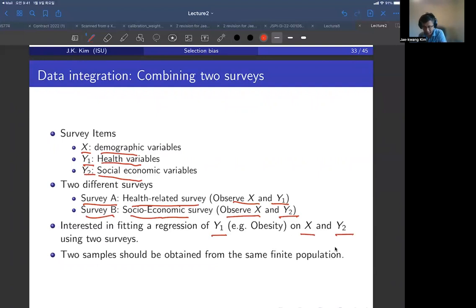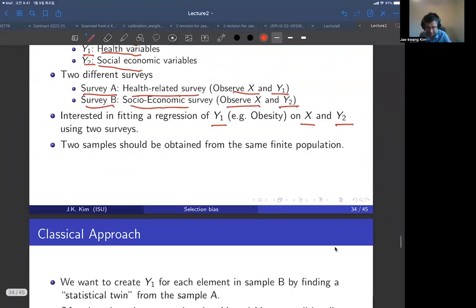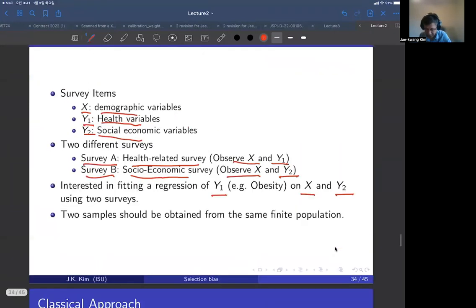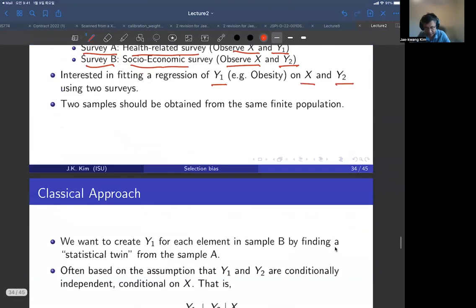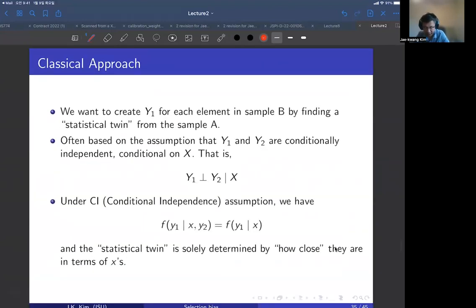So in this problem, that's not easy, right? Because you don't have a joint observation. The classical approach is to use X. So we want to create Y1 for each element in sample B by finding a statistical twin from sample A. And the statistical twin is based on the X information.